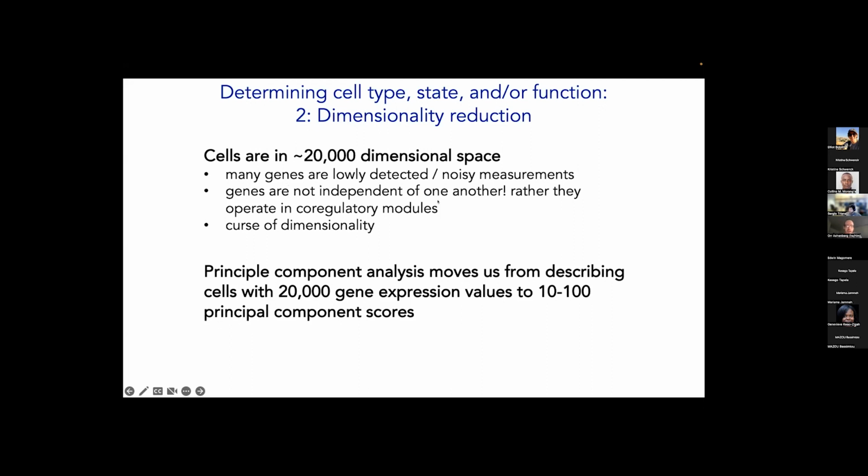There's genetic regulation where a transcription factor will turn on multiple genes at the same time. So if you have a transcription factor turning on genes A, B, and C, when you see in a cell that gene A is on, you have a pretty good guess that genes B and C are on too. So knowing the expression of one tells a lot about the other two genes.